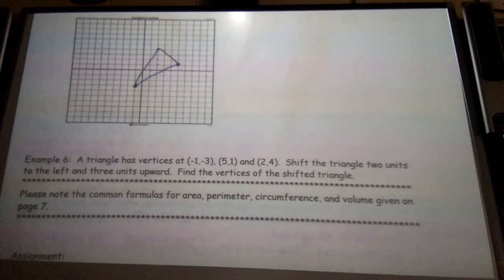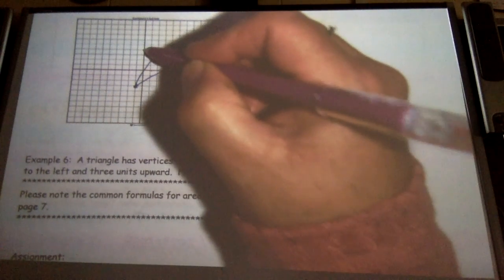So now they want us to shift the triangle 2 units to the left and 3 units up. So we'll take each one of these coordinates, we'll shift 2 units to the left and 3 up.